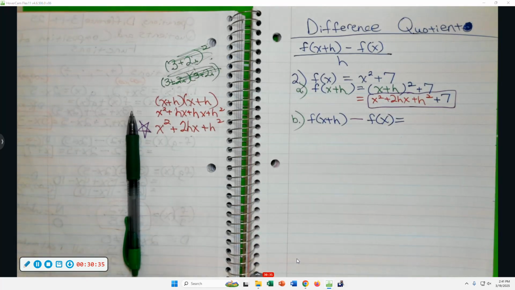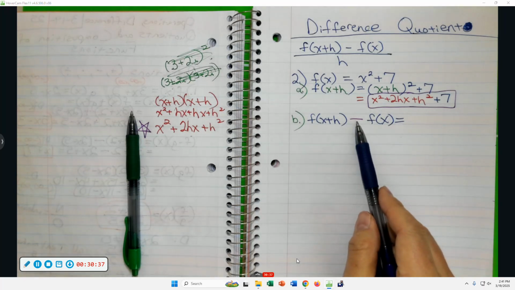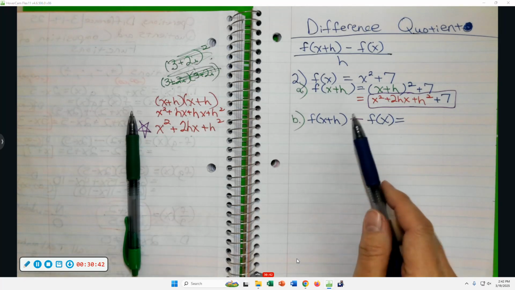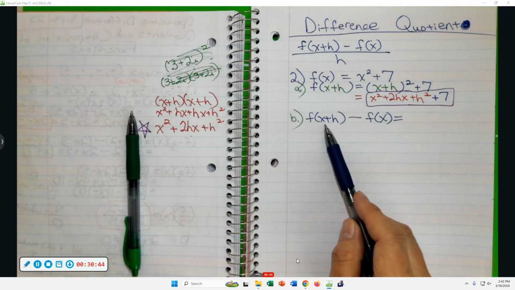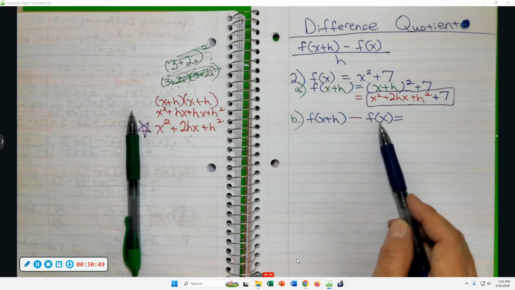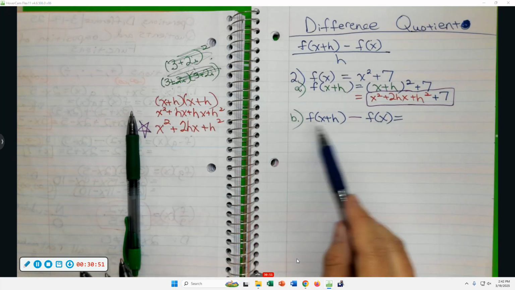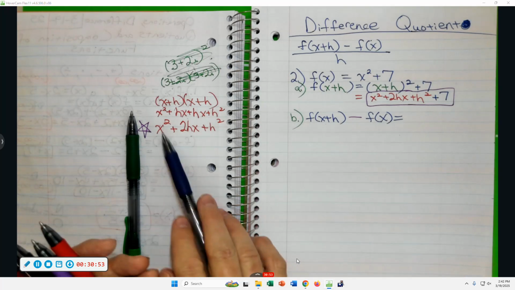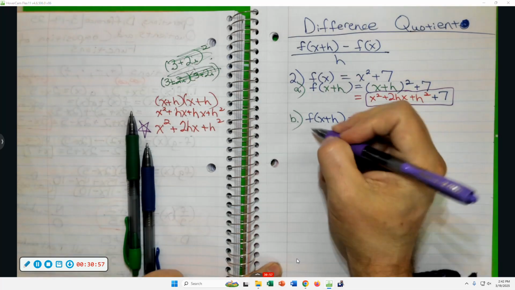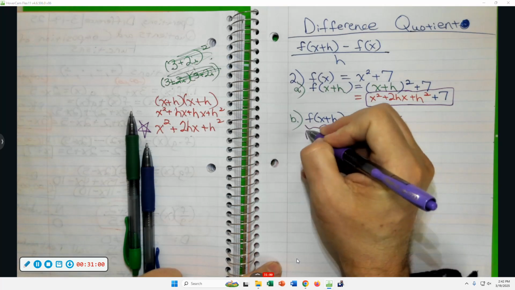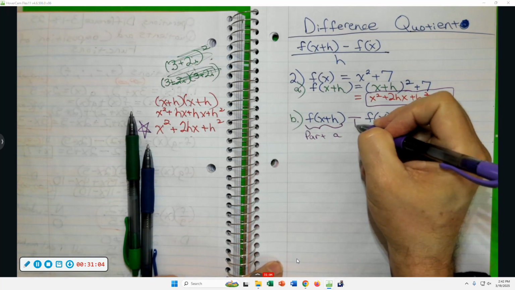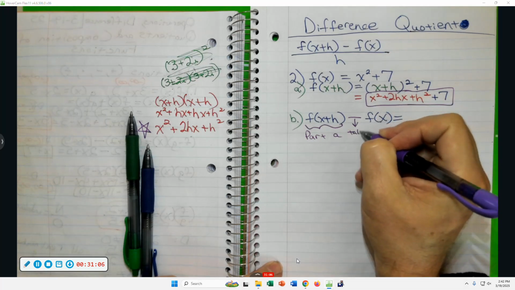This minus right here is almost acting like the old-fashioned subtraction takeaway. Take what you just found in part A, take away the original terms. This is an algebraic way of saying take what you just found in part A and take away. That minus is acting like a takeaway.